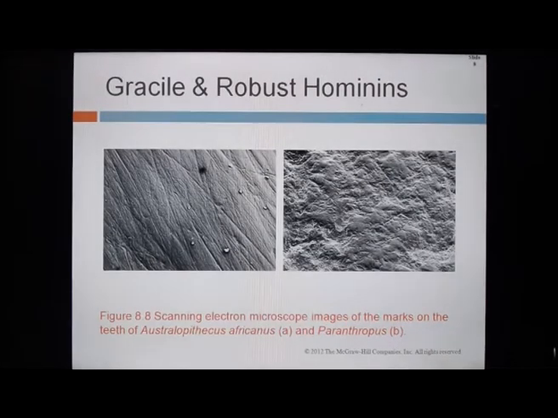Gracile and robust hominids and diet. We talked about this a little bit in the last chapter. And on the left, we have the gracile microscopic look at a tooth. On the right, we have a robust microscopic look at the tooth. The striations show that they had a very different diet. So that sagittal crest on robust hominids.